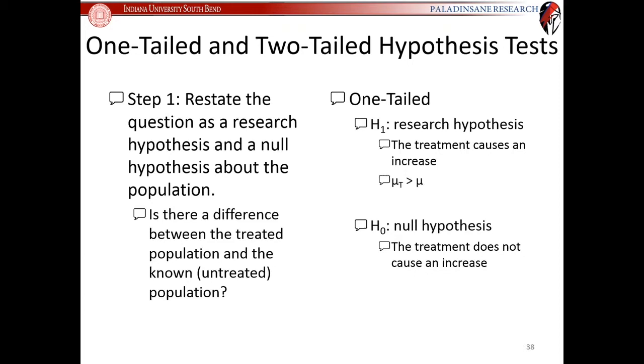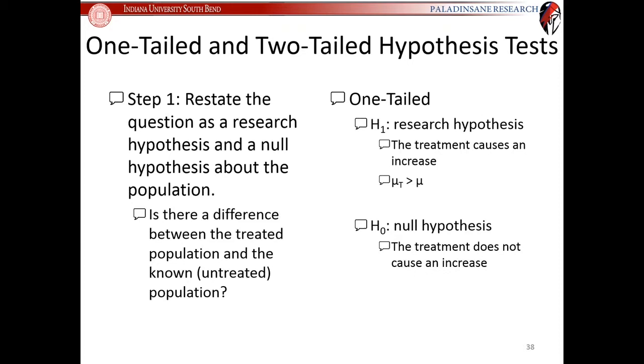In this case, the research hypothesis will be that your treated mean is greater than your untreated mean. The scores of your treated population are greater than the scores of your untreated population. That covers this possibility right here. The null hypothesis has to cover everything else.